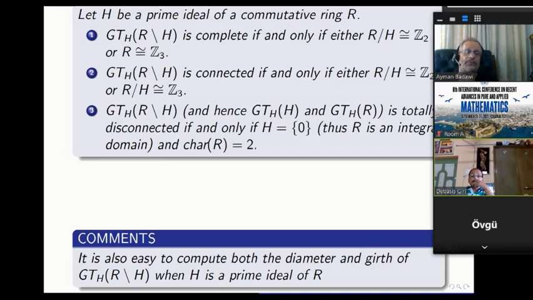When you add them, you should stay in H. So the question: when is this graph complete? It is complete if and only if R mod H is Z2 or R mod H is Z3. That's it. That's kind of interesting.